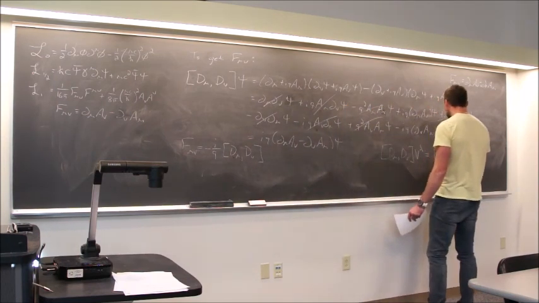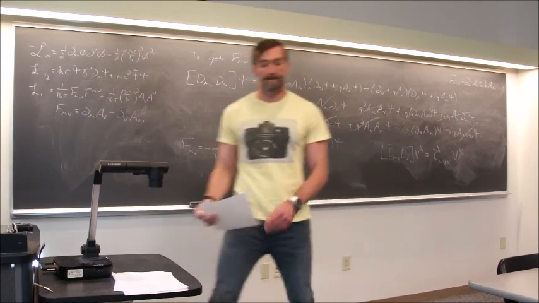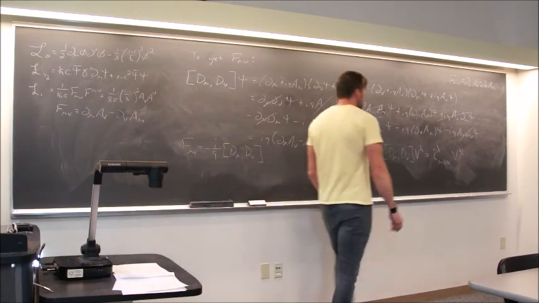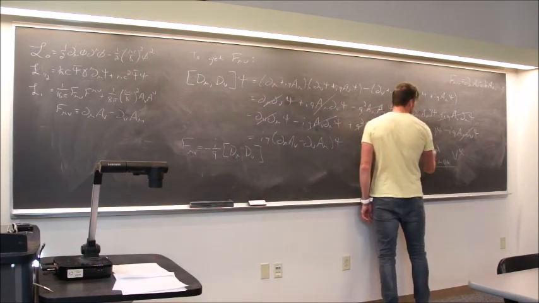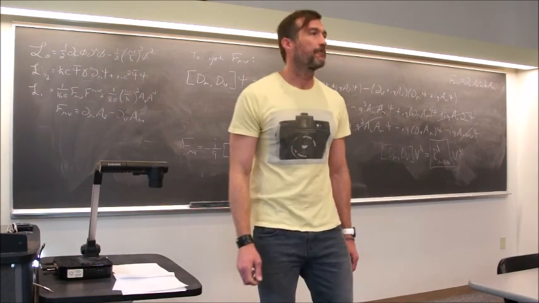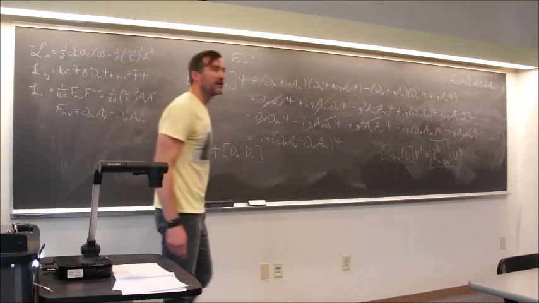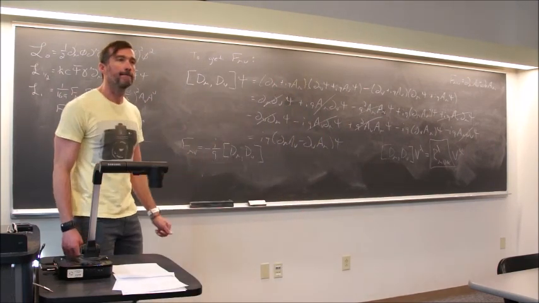And the answer is that the commutator of the covariant derivative gives you what's called the Riemann curvature tensor of the space, which is exactly the field strength of the gravitational field in general relativity.